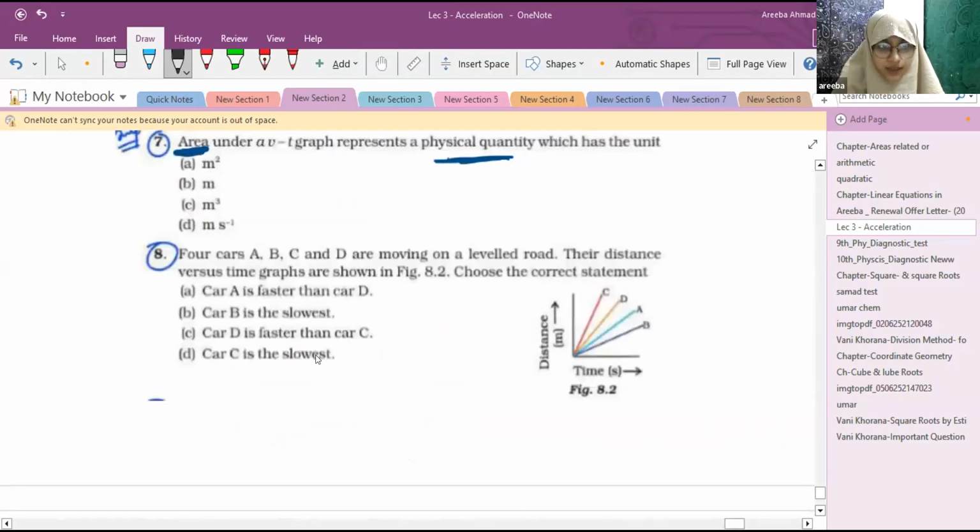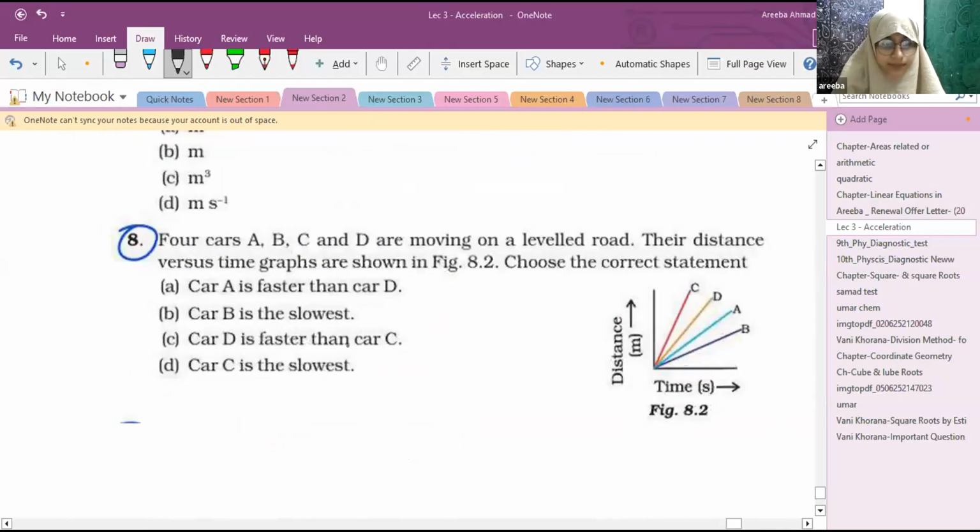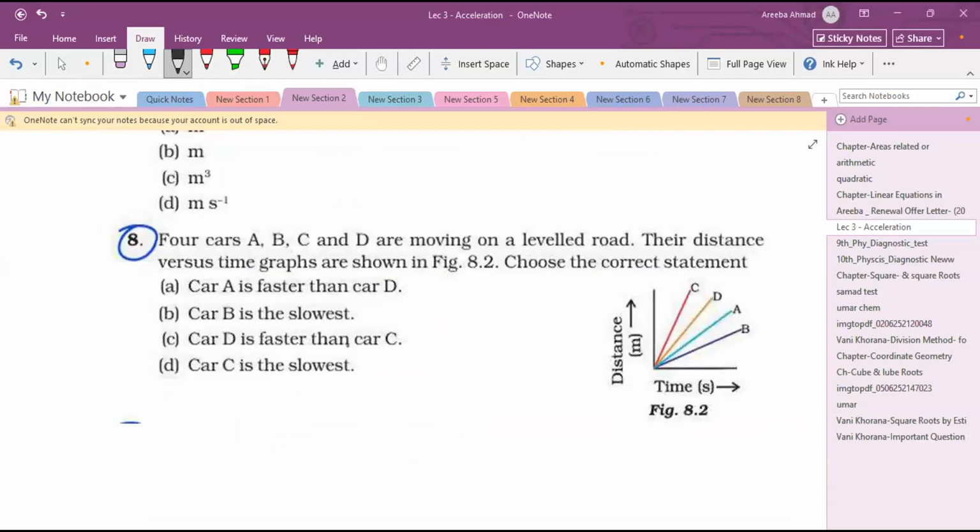Read this question. Question 8. Again, chat. We have to do the eighth one, right?